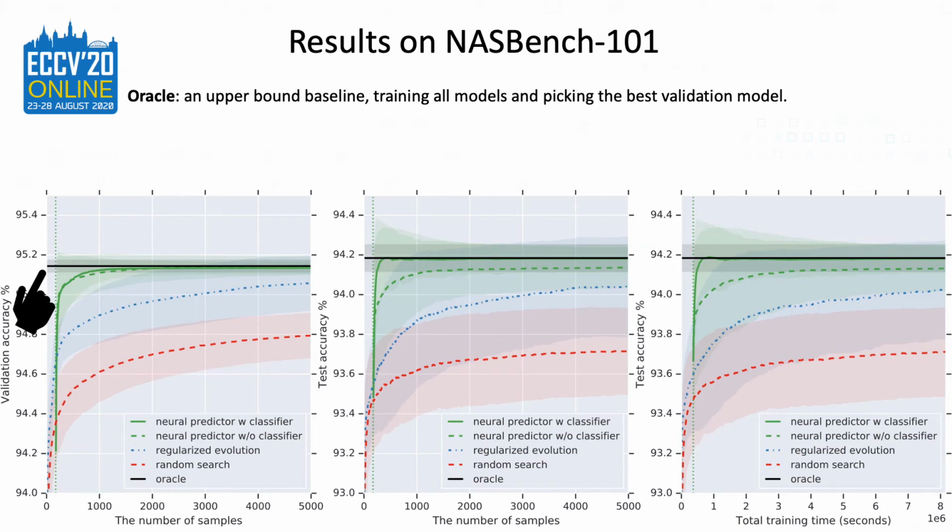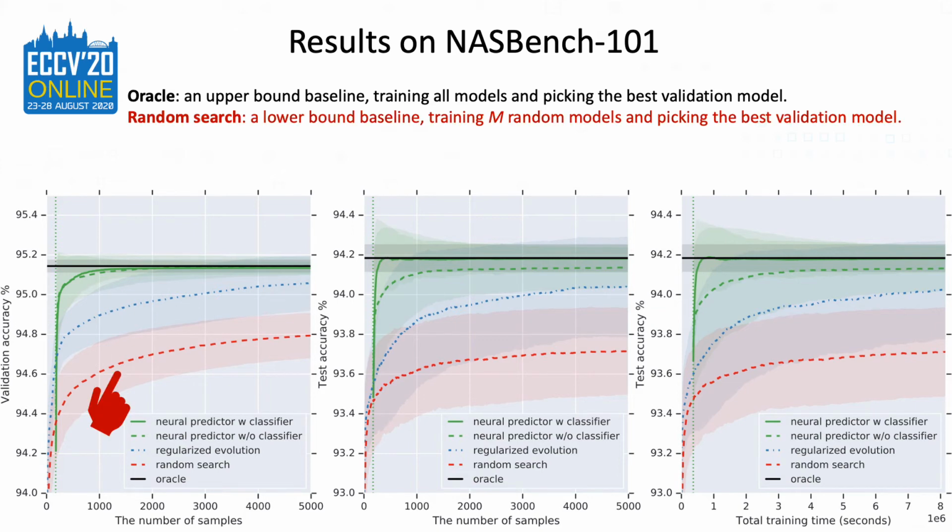The first one we call the Oracle baseline, which is the upper bound that no method can exceed. In this baseline, we train all models in the search space and pick the best validation model. The left figure is validation accuracy versus the number of trained samples or models. The middle figure is the test accuracy, and the right figure is the test accuracy versus wall clock time.